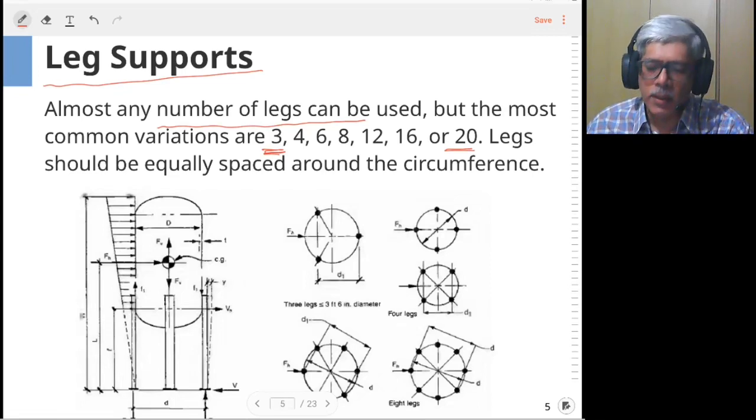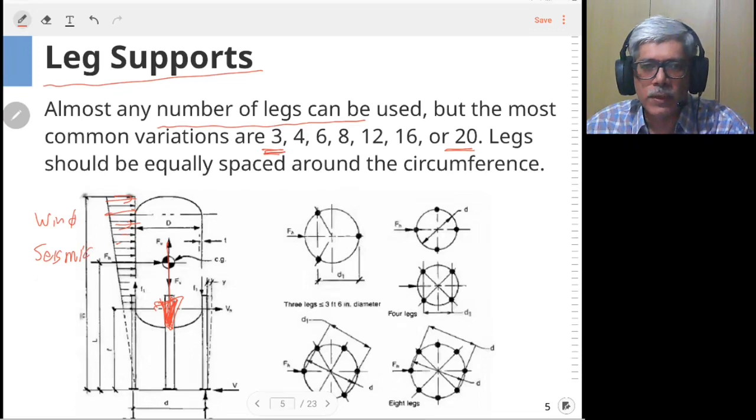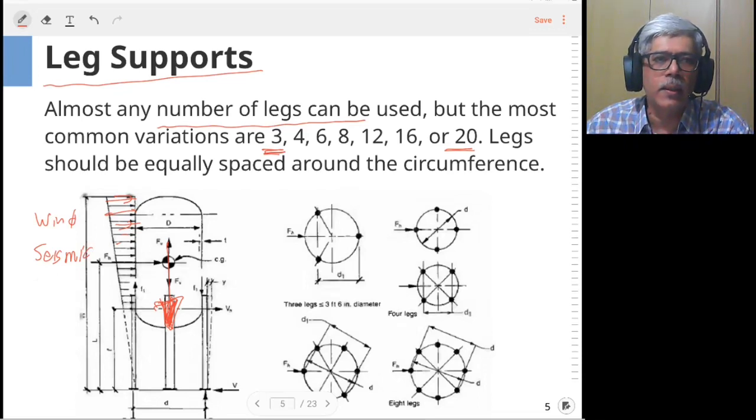For designing the leg supports, you have to consider, of course, the vertical weight. So weight which acts vertically, which is mainly the operating weight or the dead weight of the vessel. And there are horizontal forces. The horizontal forces can arise because of wind forces, or they could be seismic forces. These are the two main horizontal forces which will arise, and we'll see later how to tackle the wind and seismic forces.